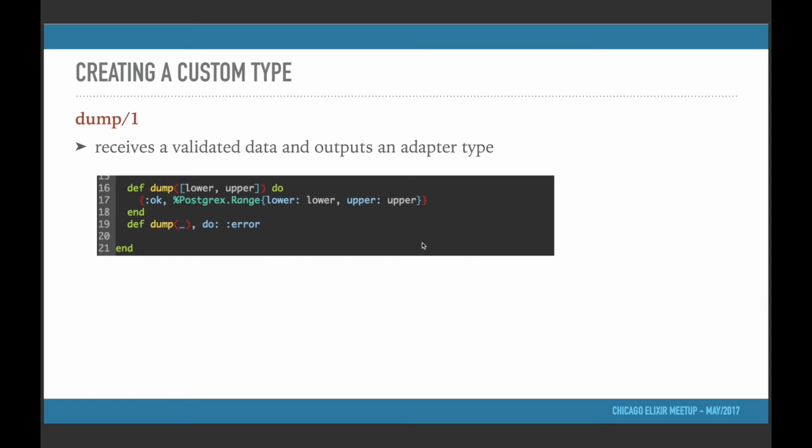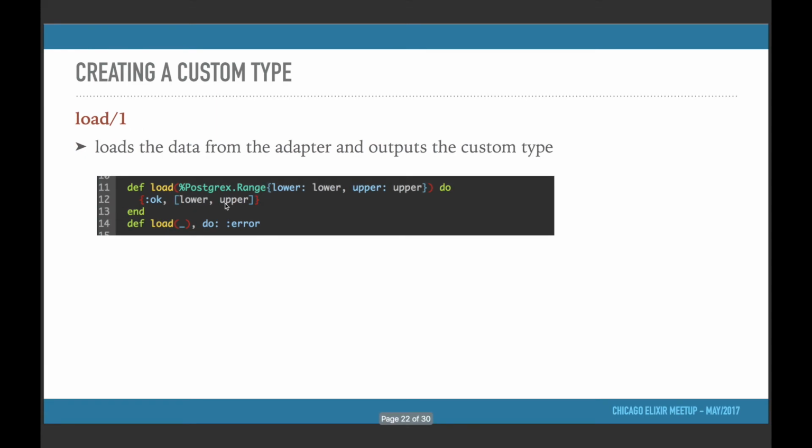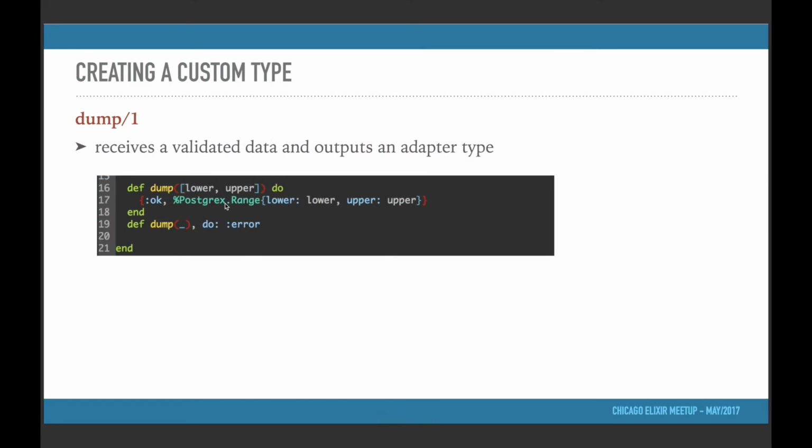Yes, there is. So here the adapter, let's say here the dump. When I'm dumping this, let's say that I want to also send to the database the lower inclusive and the upper inclusive, I can have the data here as the third position and the fourth position. And here you have two other attributes that are true by default, but you can pass.